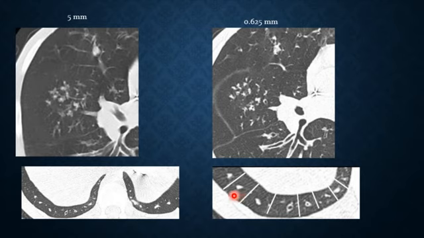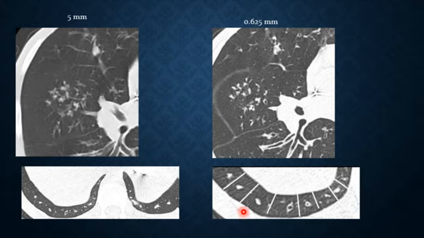For example, when we say consolidation, we mean the airspace is filled with fluid that makes it opaque, white or dense. When we say interstitial fibrosis, reticulation, this means that the interstitium is affected, not the airspace part. The part that's responsible for oxygen and carbon dioxide exchange is the airspace.